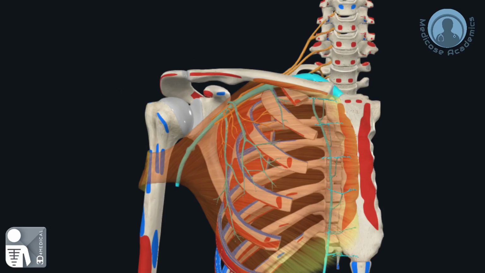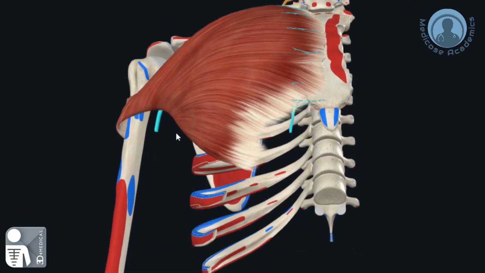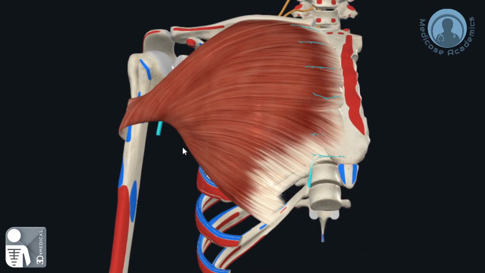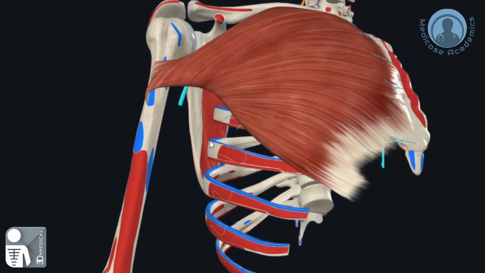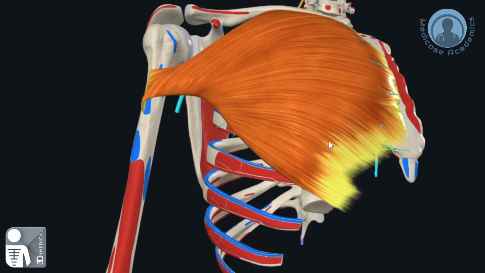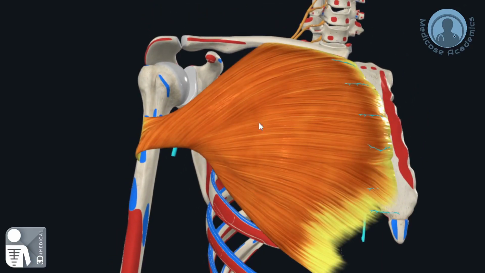So all of these different arteries supply the pec major. And pec major is a very powerful muscle. I will shortly go into its functions. By the way, you should also know that beneath this muscle you can make a pocket and insert the prosthetic in case of breast implants.